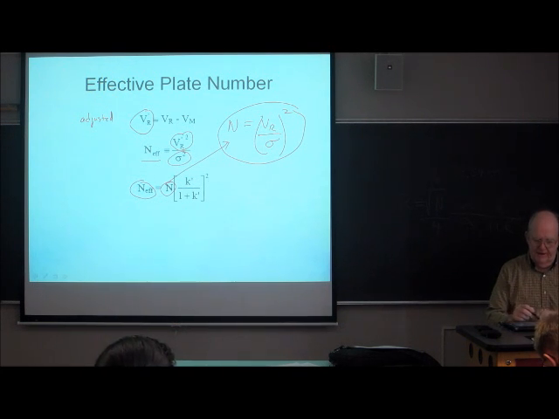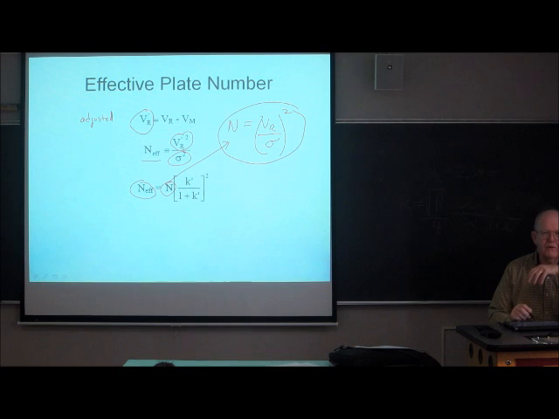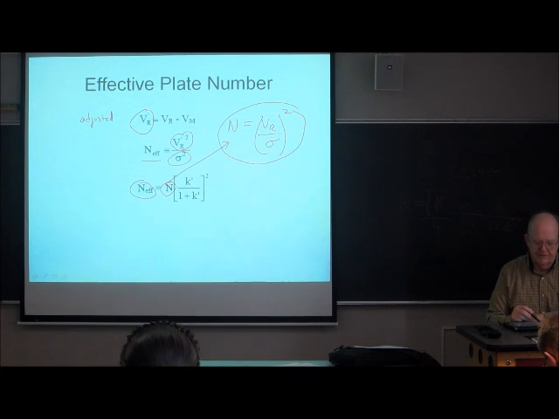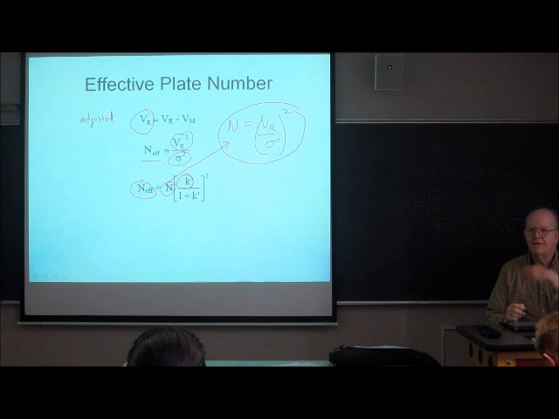It's evident that N effective is always less than N because k prime is always less than 1 plus k prime. But this formula is very interesting because it says something quite important. It says that the effective plate count is essentially 0 if you have no retention. If k prime is 0, no matter what the plate count is, the effective plate count is zip.